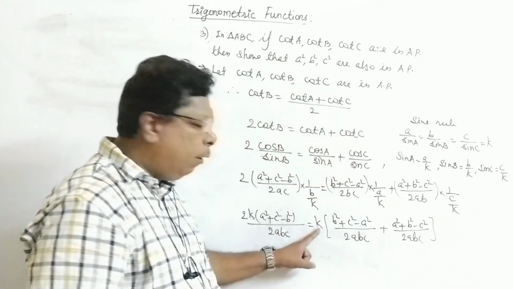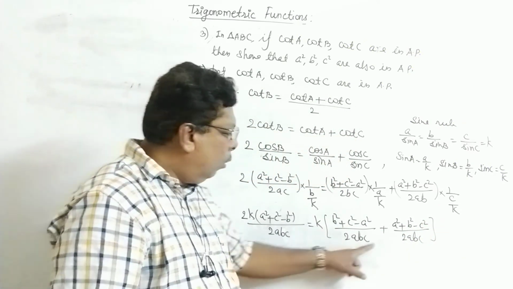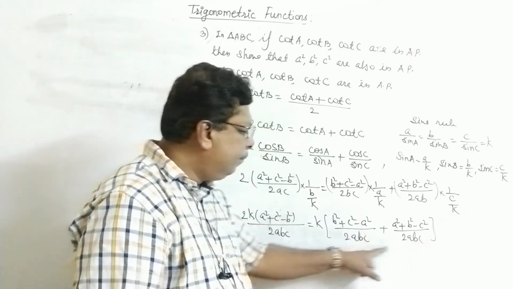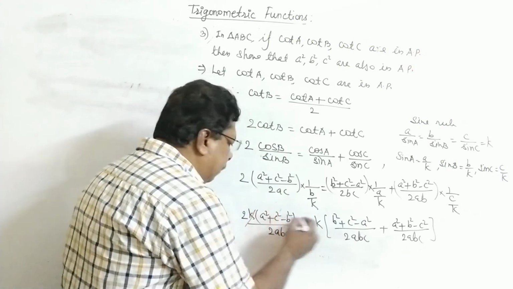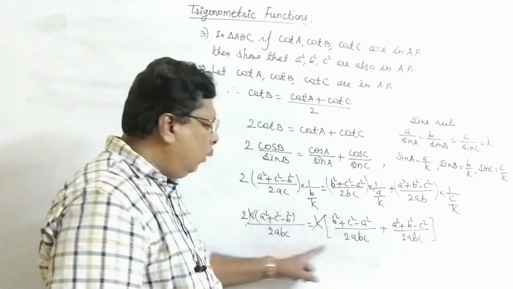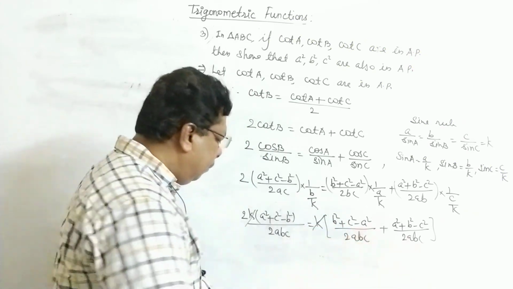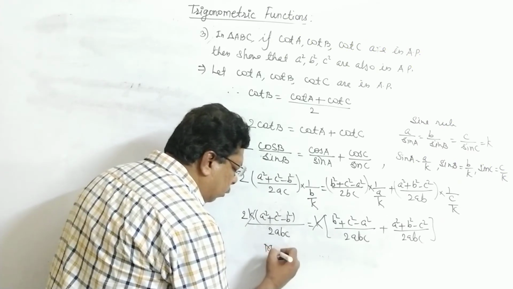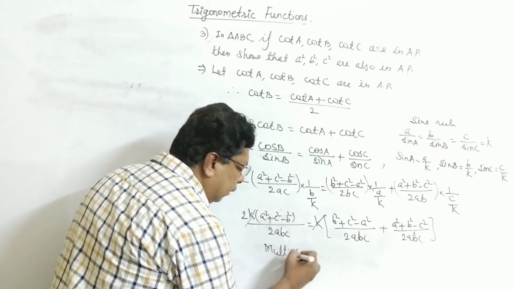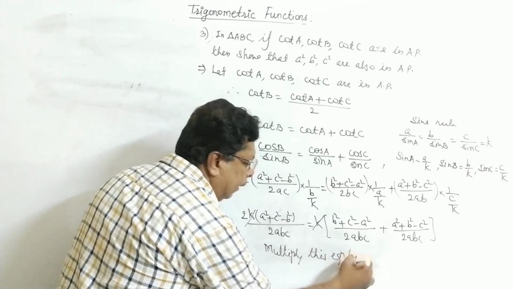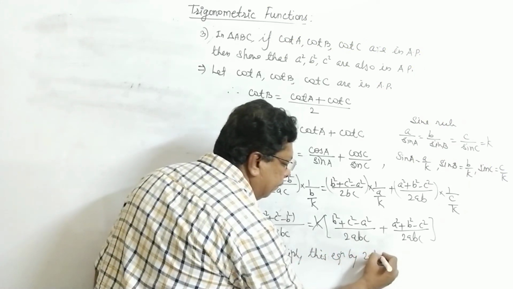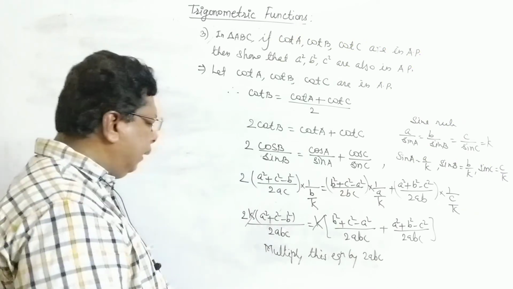On right hand side we have taken K common. So this K gets cancelled. Multiply the whole equation by 2abc, so the denominator gets removed now.